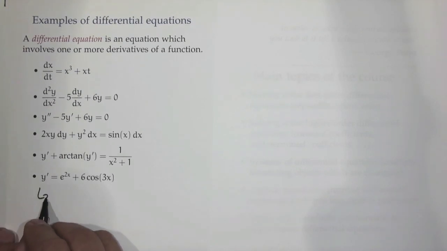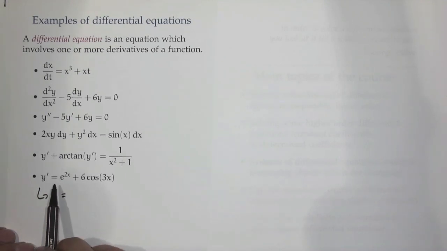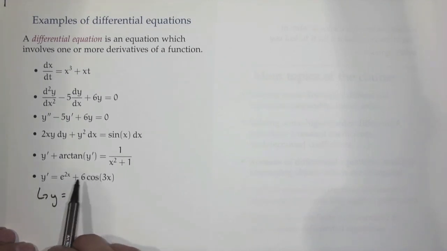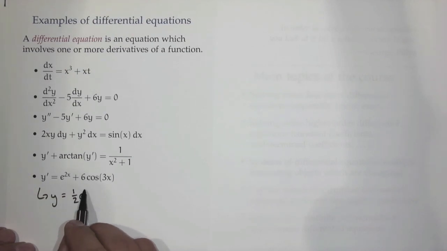Let's do it. What's y? So, what do we need to do? Integrate. Yeah, e to the 2x divided by 2, or 1/2 e to the 2x. And then, integral of cosine. Oh, you were so good with your derivatives.